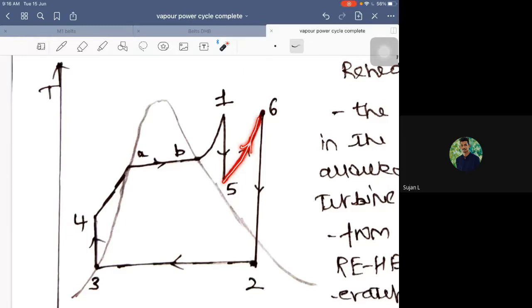Which equipment are you using? Reheater. Exactly. Then you send the steam to the LP turbine where it completely expands and transforms into a liquid plus vapor mixture.